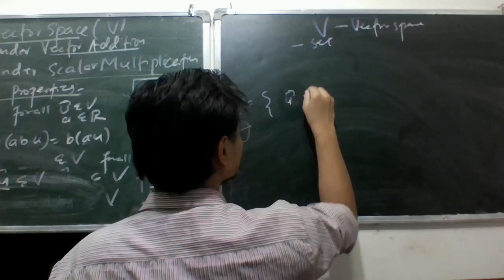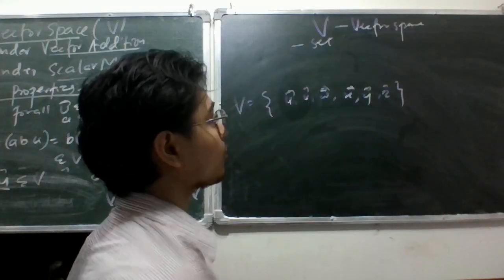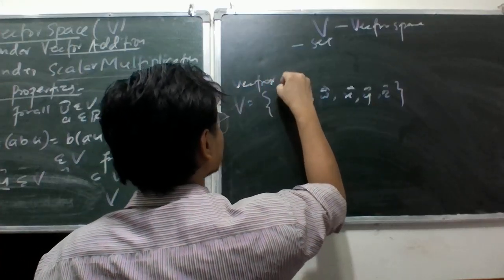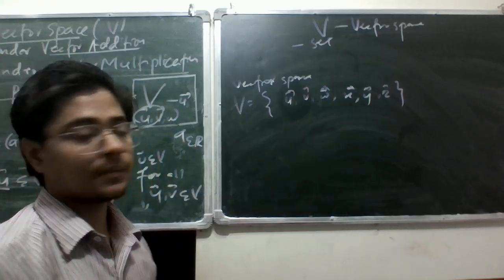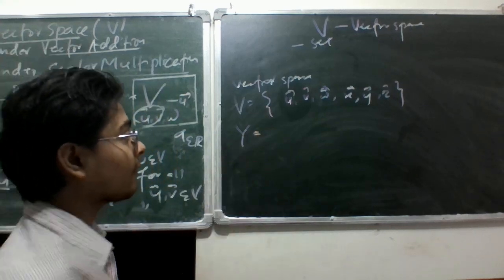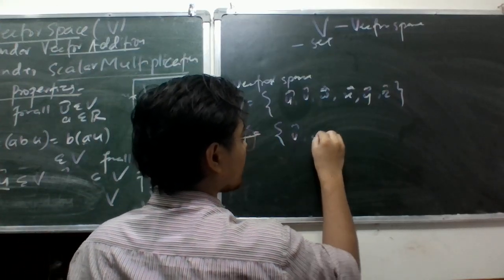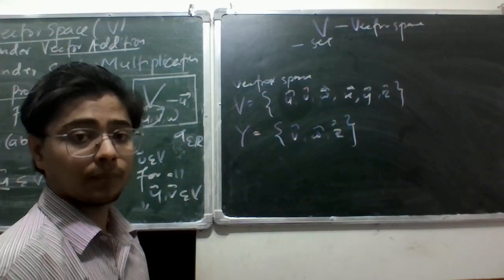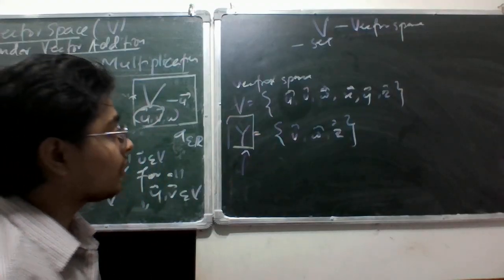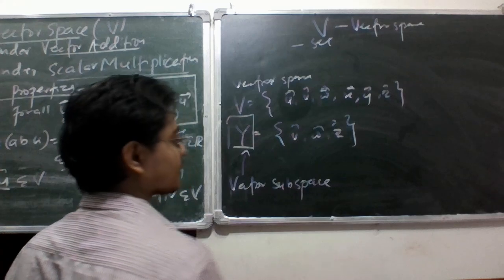Let's suppose U, V, W, X, Y, and Z. Now let's take a subset of it, and let's call that Y. If we consider this Y a subset of this vector space, then in mathematics this Y has its own existence, and its name is vector subspace.